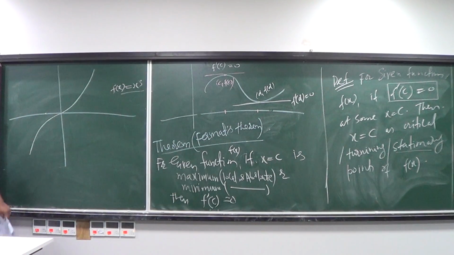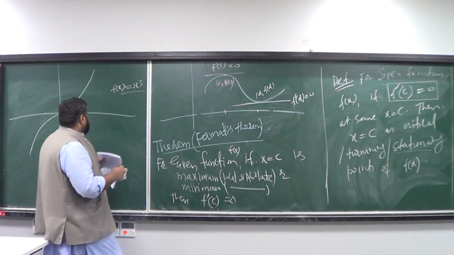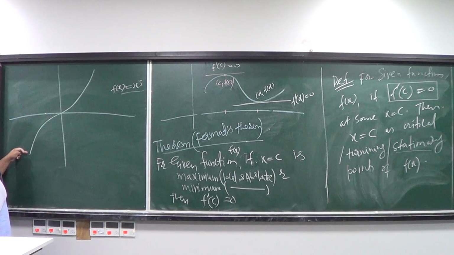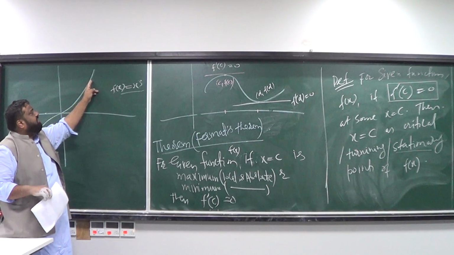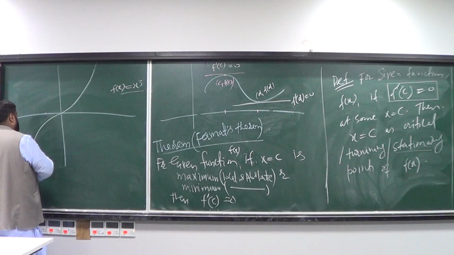This function, if you take the domain as the entire R, has no maximum and no minimum, because there is always a smaller value than the value that you have, and there is always a bigger value than the value that you choose. So this goes on forever.